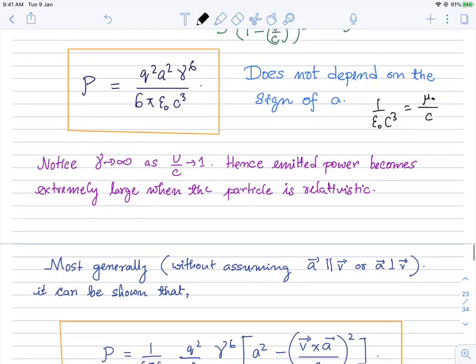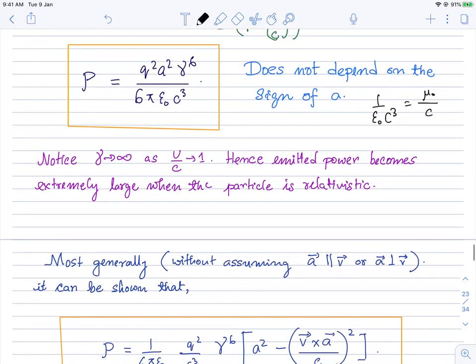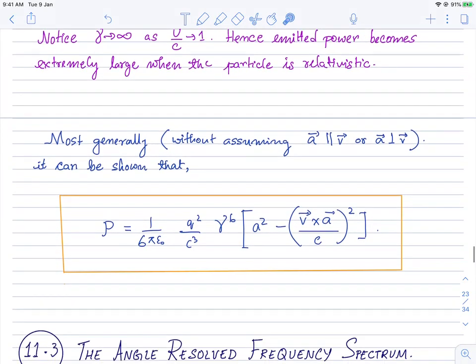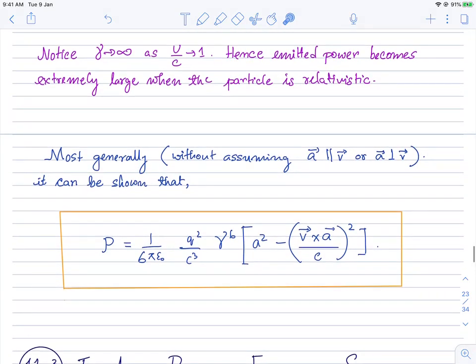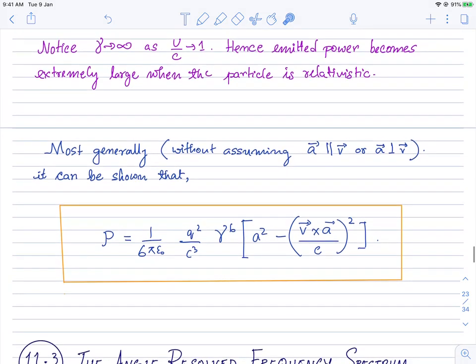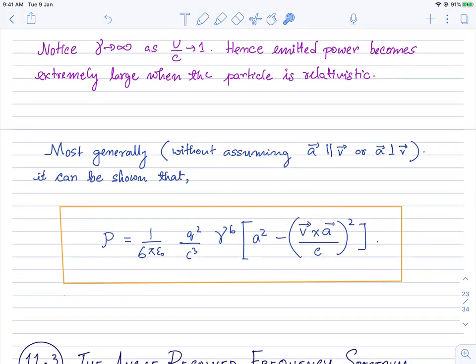Okay, very good. Now you can take the full formula. I assumed that velocity is parallel to acceleration, but instead of doing that, you can ask what is the most general total power that is emitted. That calculation I have never done somehow.